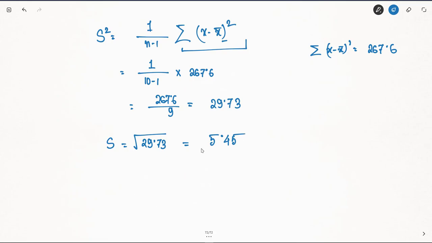So we got the value of s, which is 5.45. We got the value of x bar, which is 66.8, right?